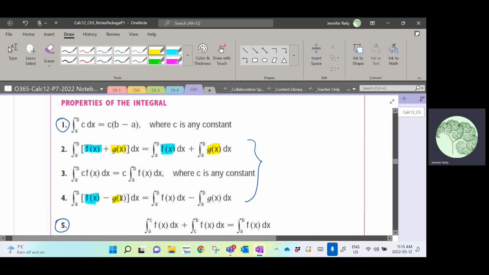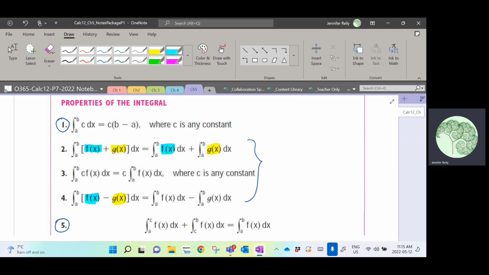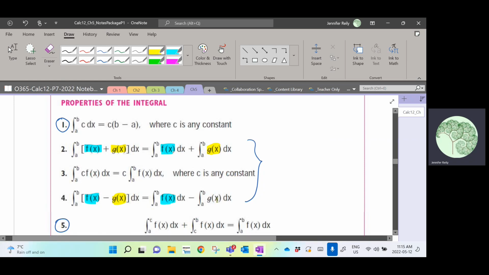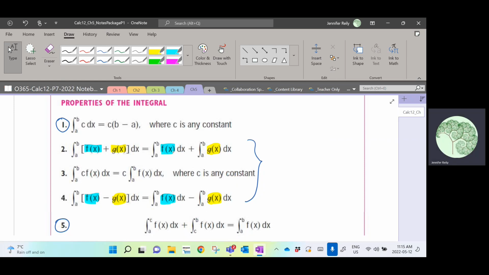If you have two terms or two functions that are being subtracted from one another, you can just simply consider the integrals to be totally separate. So that's kind of nice. The other one is the constant rule, and this is analogous to our constant rule for derivatives as well.